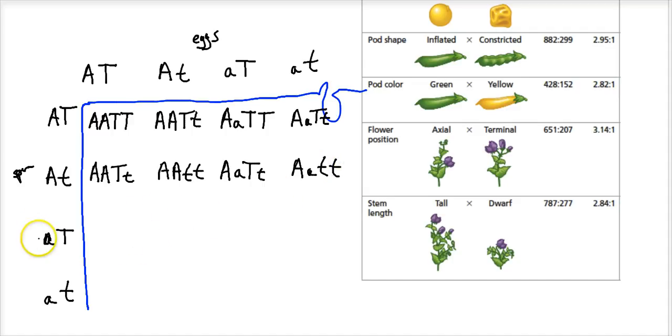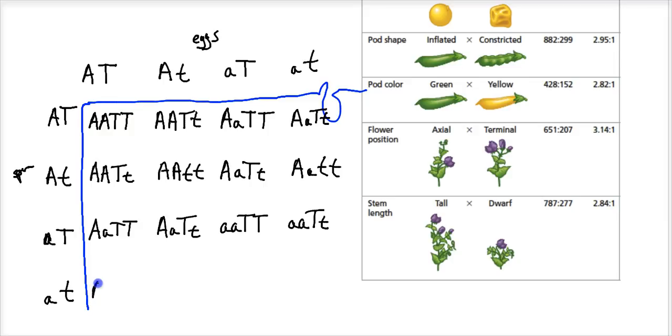Little a, big A. Again, I'll put the dominant first, and then 2 big T's. Big A, little a, heterozygous for flower position. Big T, little t. Little a here, so now we're recessive for the flower position. That's going to be terminal flower position, and then big T, little a, big T, little t.